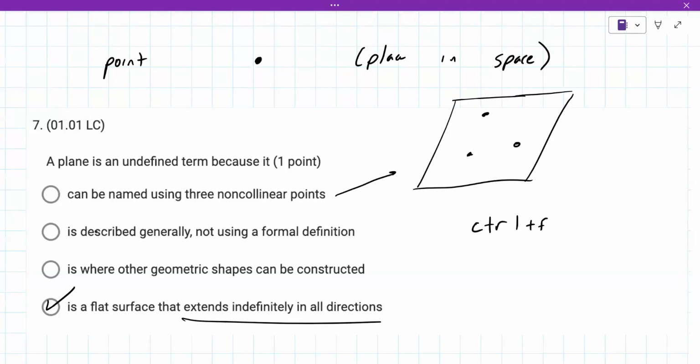There's another one. The next one is on basic constructions. This one I haven't submitted yet, because there's an option to save and exit instead of submitting it.